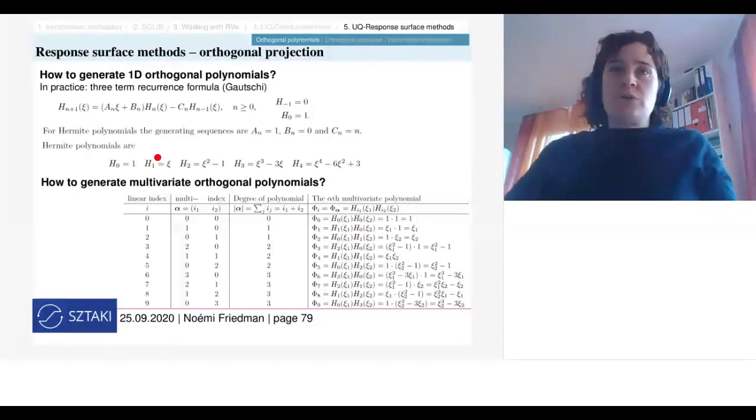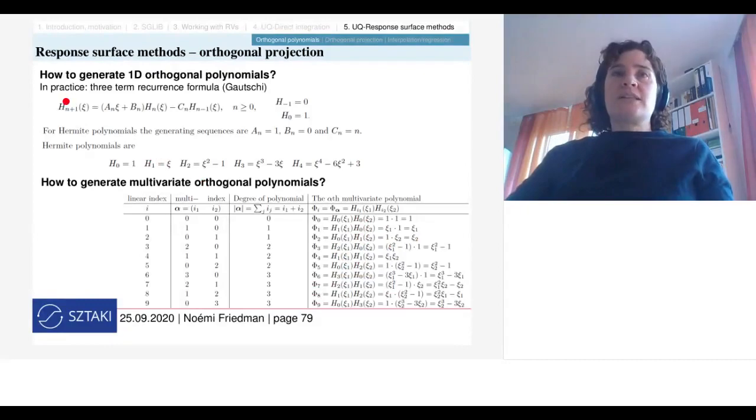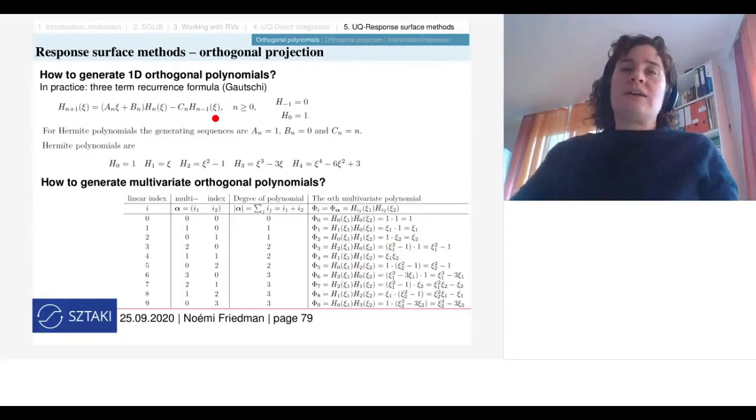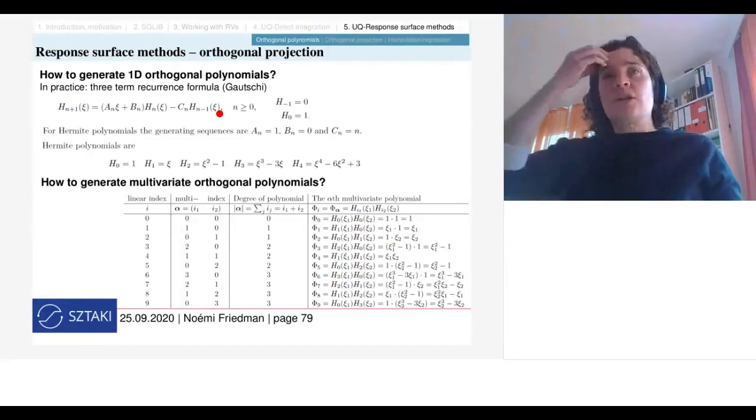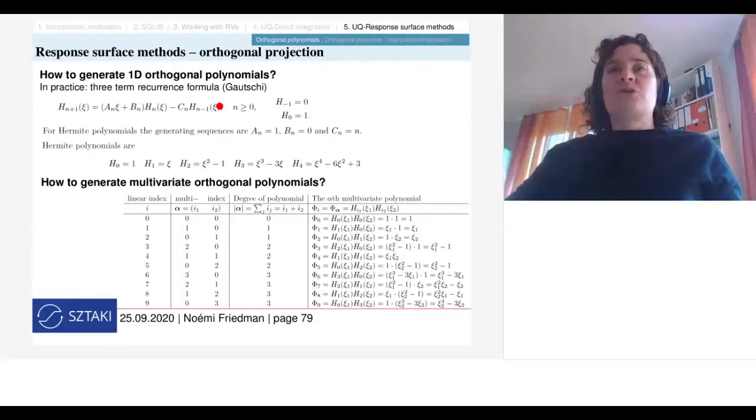Okay, but I show you the ones for the Hermite polynomials, and this is actually the practical way to do it. Now in SJLib, you don't do directly the Gram-Schmidt orthogonalization, but you use the so-called recurrence formula.